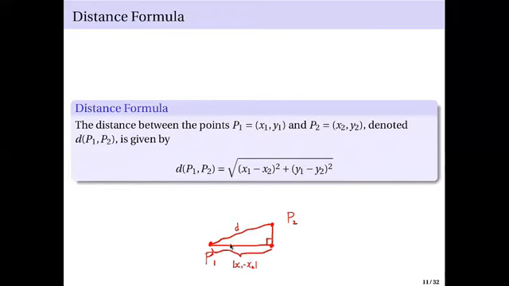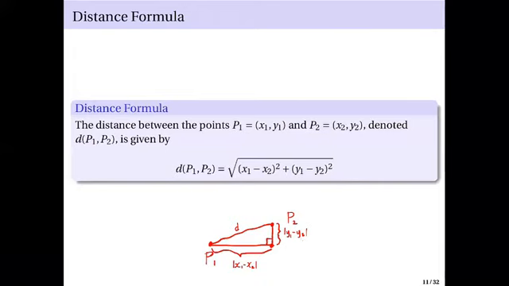So x1 minus x2, you get the absolute value. And then this distance here is the absolute value of y1 minus y2. So this time, you look at the y coordinates of P1 and P2, and the distance of the y coordinates is just the absolute value of y1 minus y2.